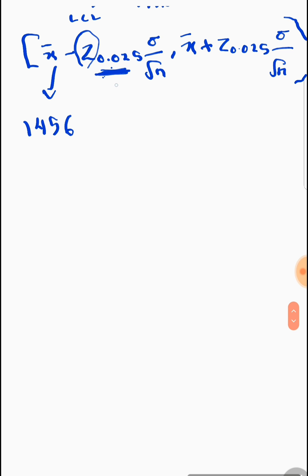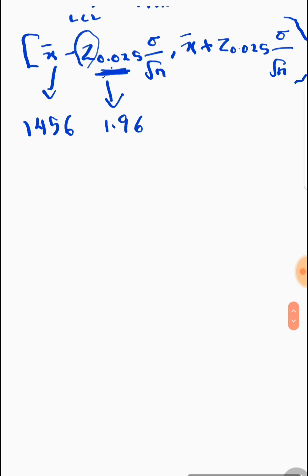So what I would like you to do now is to take out your z table and look for 0.025. When you refer to the z table, you will get this value, which is 1.96.